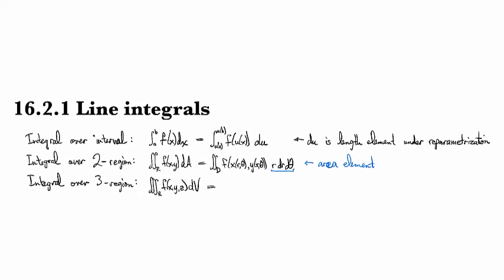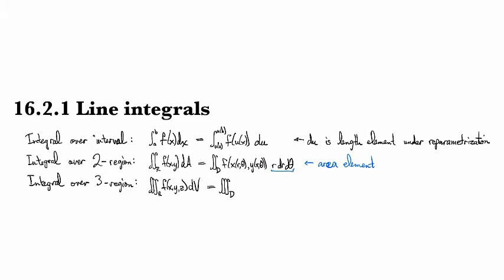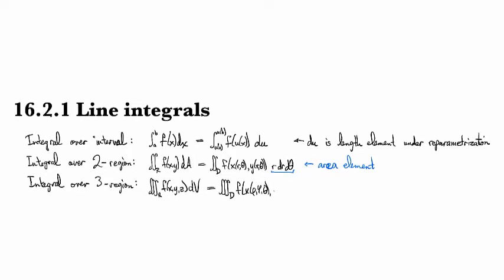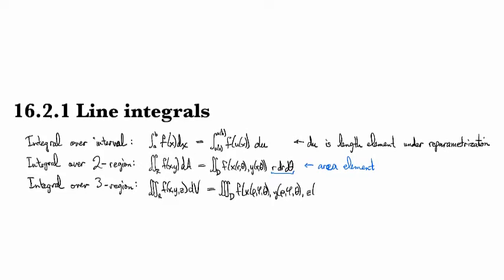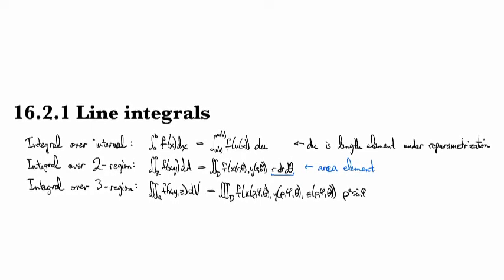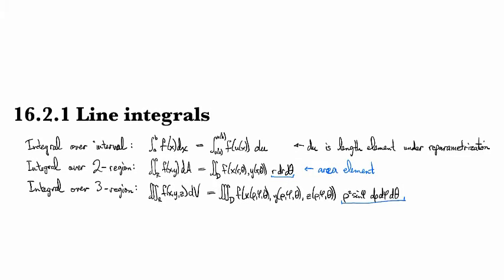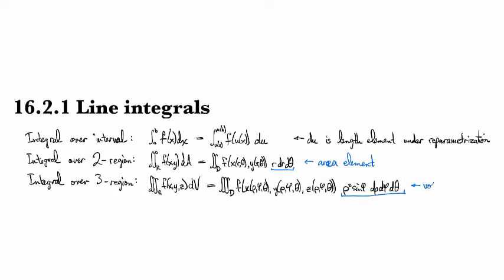And say we were setting this up with a change of variables like maybe spherical, then we would change this to a triple integral again over the parameter domain D. And we've got f of x as a function of rho, phi, and theta, and y as a function of rho, phi, and theta, and z as a function of rho, phi, and theta. And now we have rho squared sine phi d rho d phi d theta, and we have this whole thing as our volume element.